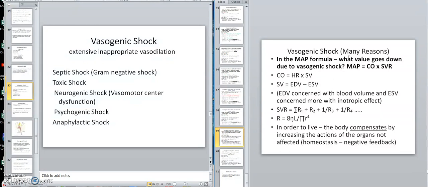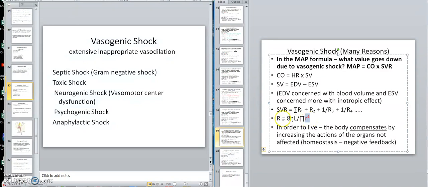So let's look over here in the MAP formula, what value goes down due to vasogenic shock. Now that should be an easy one. The radius starts getting bigger. So we'll put that here because there's massive vasodilation.